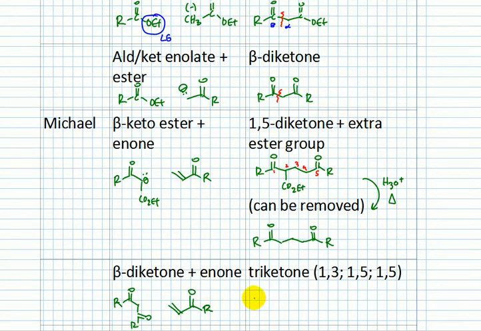We end up with a triketone. 1, 2, 3, 4, 5, right? It's still 1,5. But then where this temporary ester group is, I have an extra ketone right there. I say 1,3, 1,5, 1,5 because we have two carbonyls that are 1,3 to each other, right? That came from the original beta diketone. And then both of those are 1,5 to the one that came from the enone.